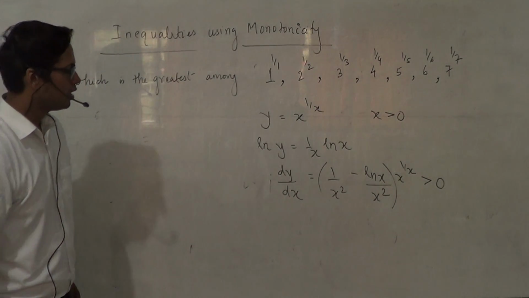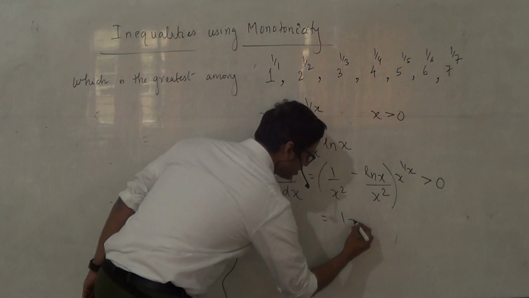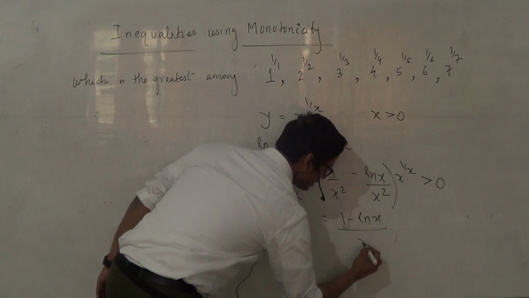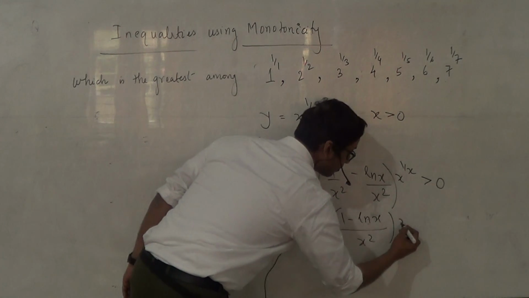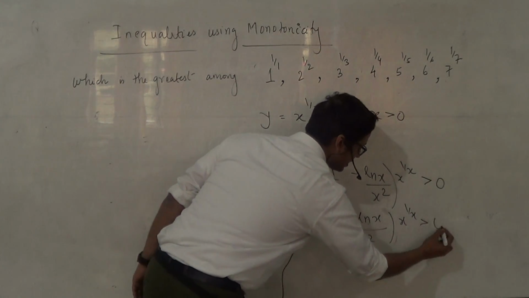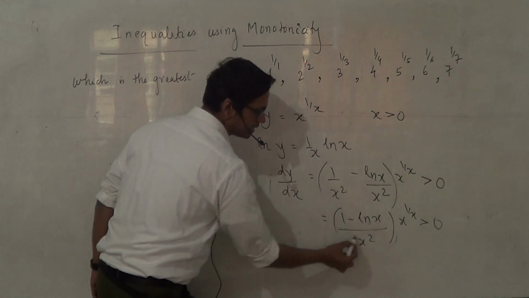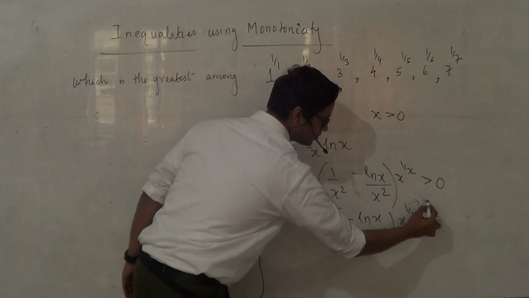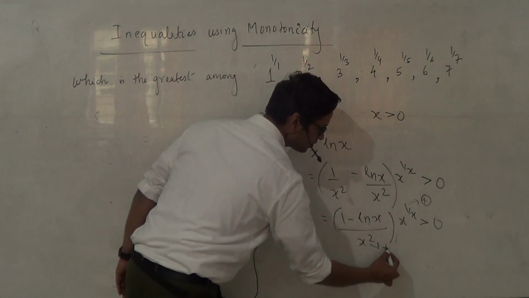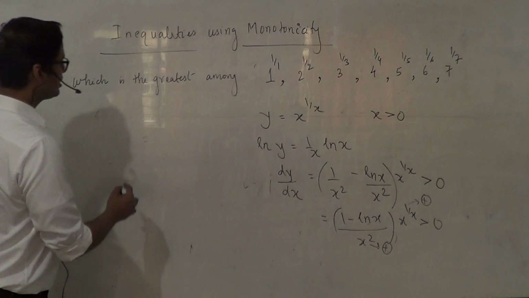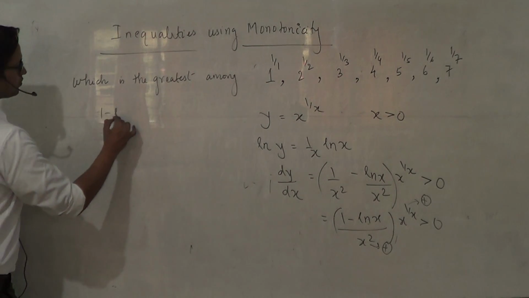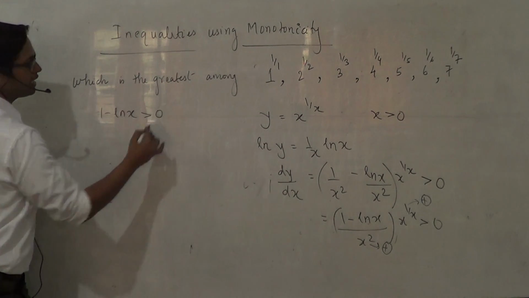Now if you see this clearly, you would realize that the only term which may be negative, or may be deciding the sign, is this 1 minus ln x. This is always positive. So when 1 minus ln x is greater than 0, your function would be increasing.